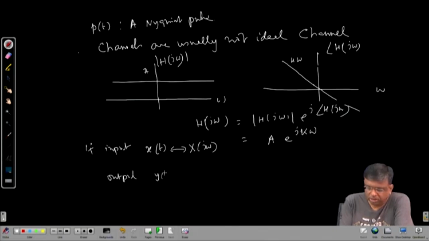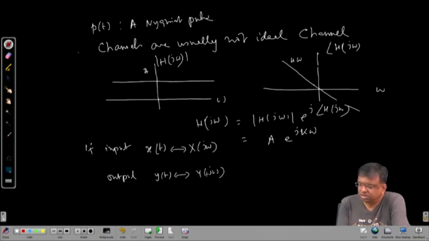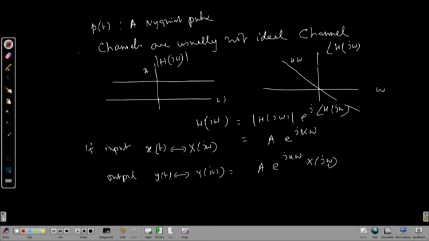we know the output y(t), that is at the output of the channel or at the input of the receiver. You will receive a wave y(t), which has Fourier transform Y. That is nothing but the input Fourier transform times this, so A e to the power j k omega, and you know from your signals and systems that if a Fourier transform is multiplied by e to the power j k omega, in time domain it amounts to a shift by k.